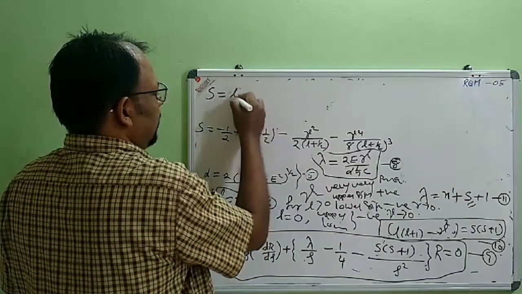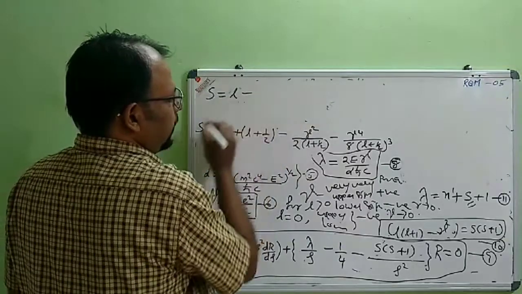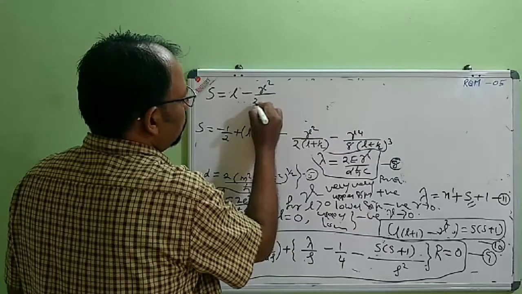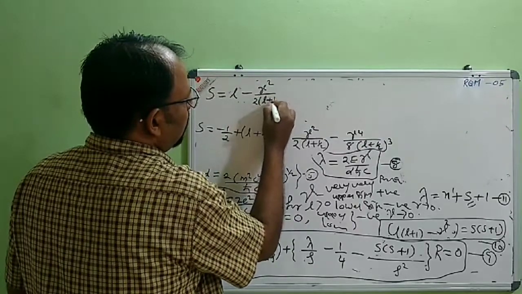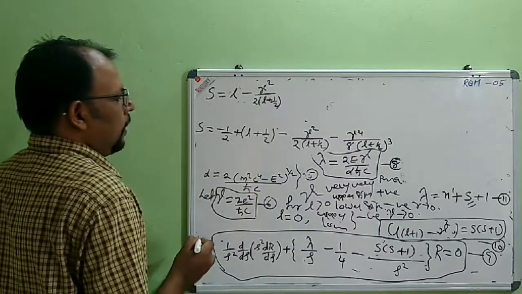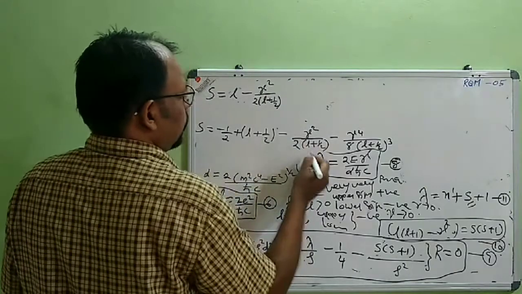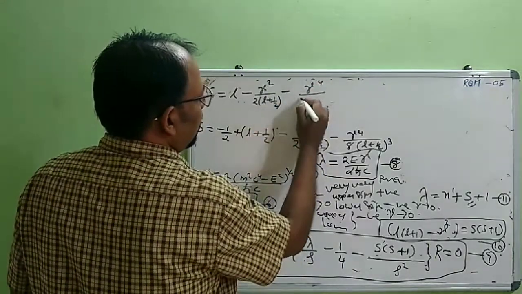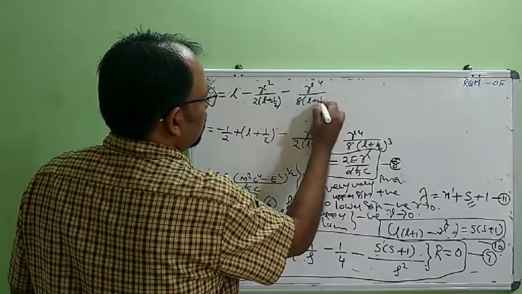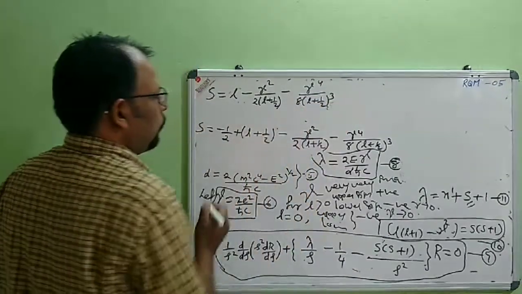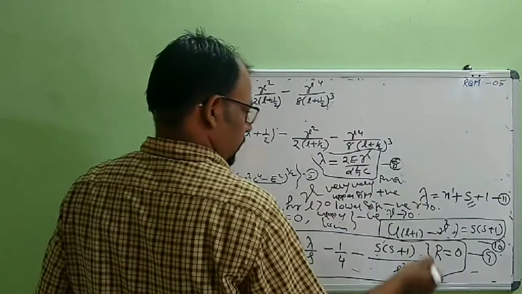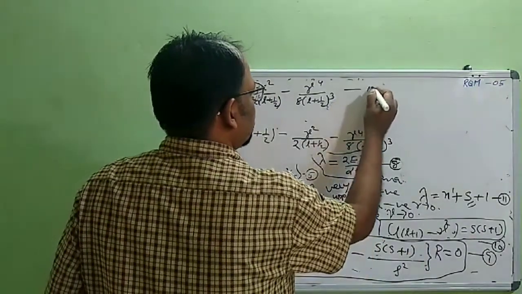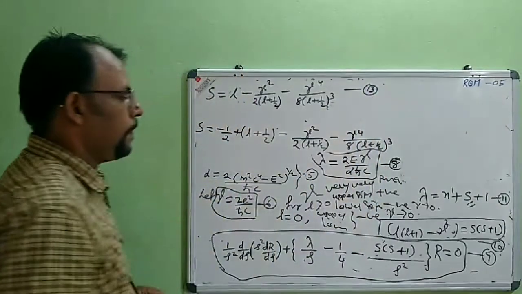Then I will be getting L minus gamma square by 2 into (L plus half) minus gamma raised to 4 by 8 into (L plus half) the whole cube. This equation, I think equation 12 we have written, I am writing it as equation number 13.